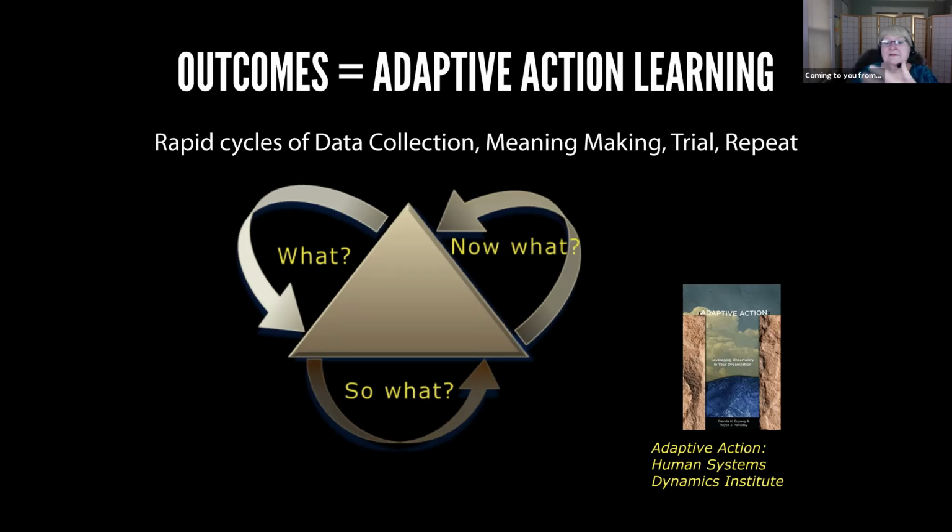Now what? Decide what you're going to do and move into action, and then keep that cycle going. That comes from this book, Adaptive Action, published by Stanford University Press. And if you want to really dive into the research behind this, this is the book to look at.